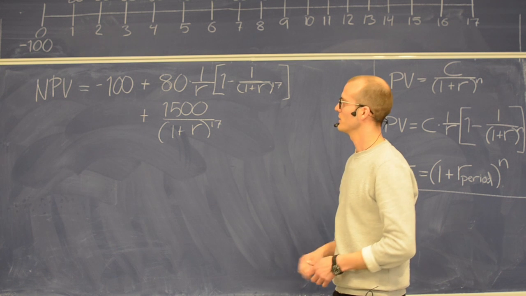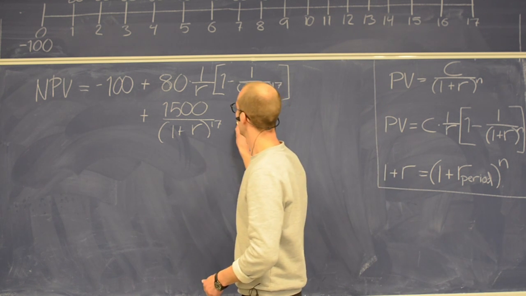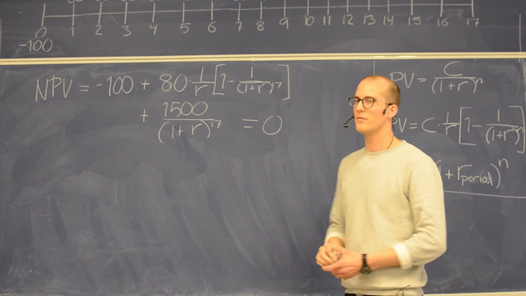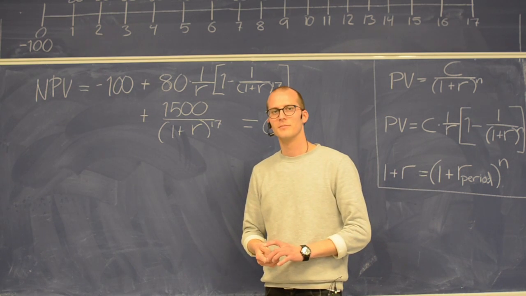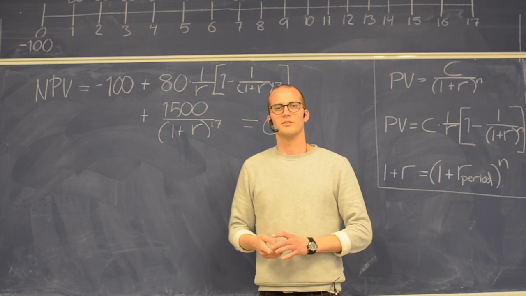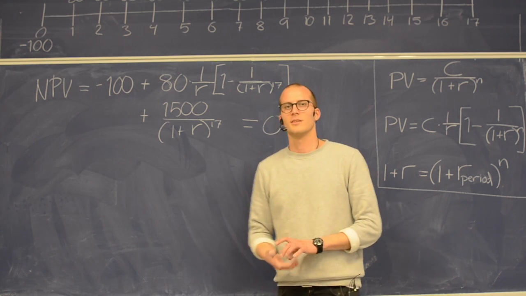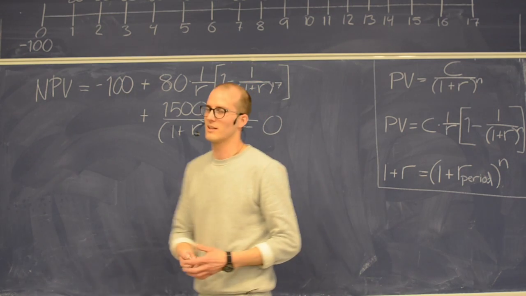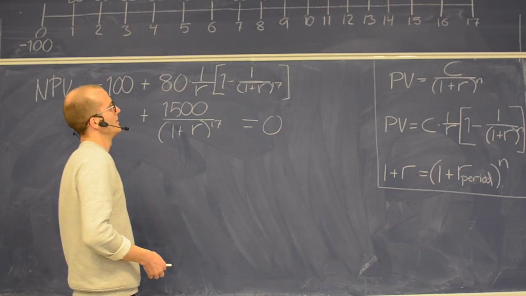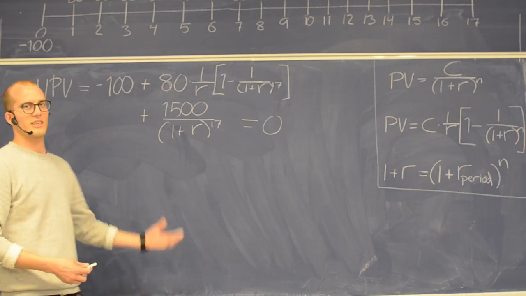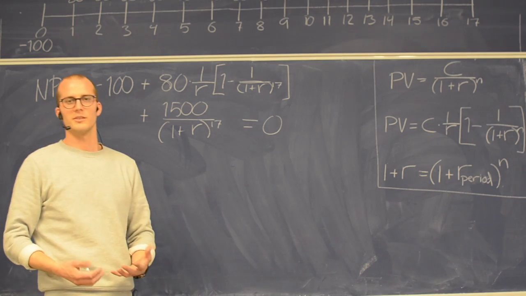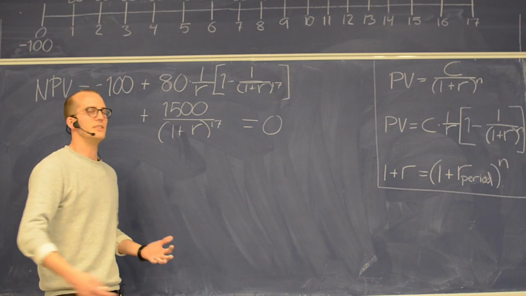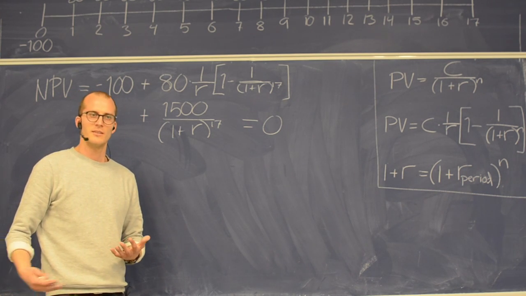So when this expression is equal to 0, we have found the internal rate of return. As you know, the internal rate of return is found by guessing. So we better guess smart, because otherwise it might take a long time to find it. If we just look at the cash flows, we invest 100, and the first year we get 80, and then we get 80 for every year in 17 years.